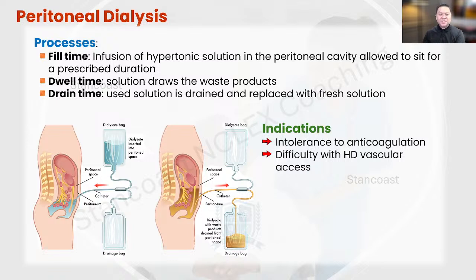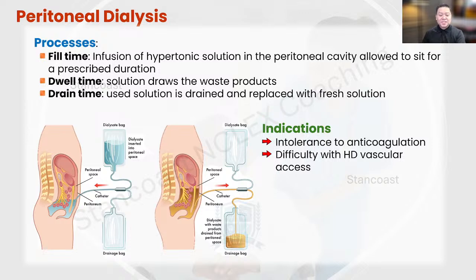This can also be indicated for patients that may have had problems with their vessels, where there might be trouble finding good arteries and veins to allow a fistula to mature. It is also indicated for people that may have unstable medical conditions or chronic infections.